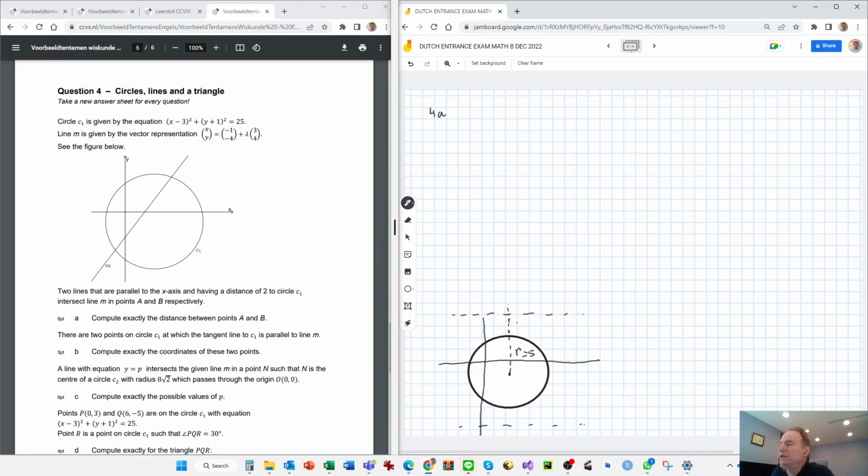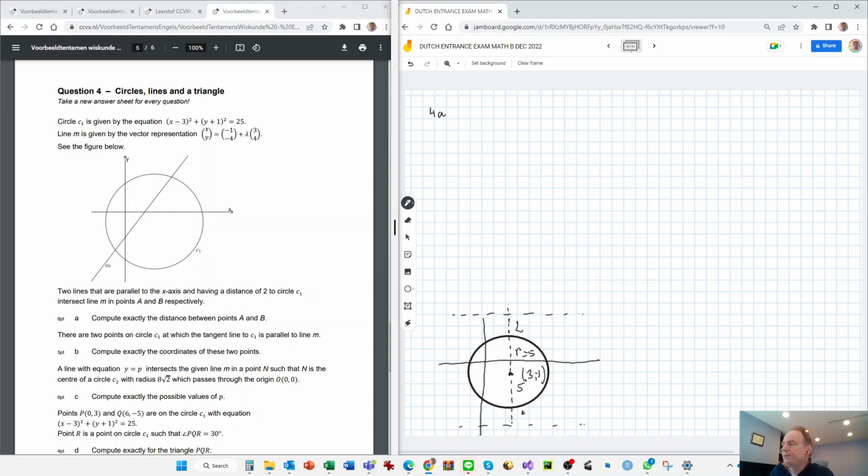That means this has to be 2, and this again is 5 and 2. But what is the y coordinate here? That's -1. So the center of the circle is 3, minus 1.